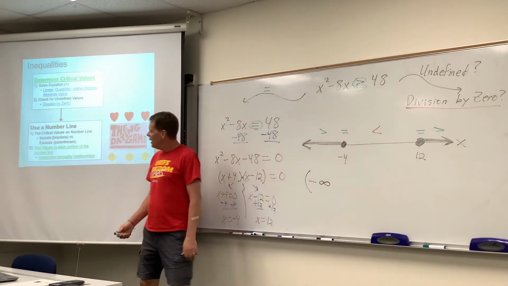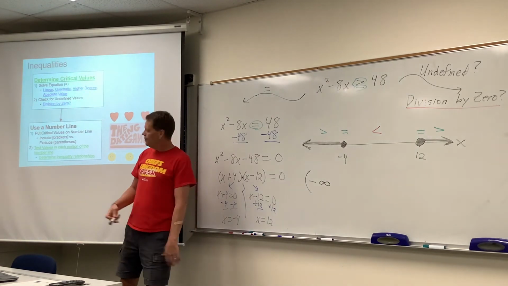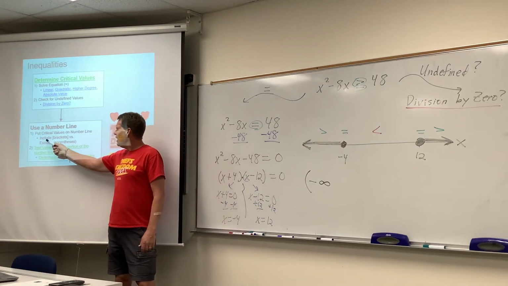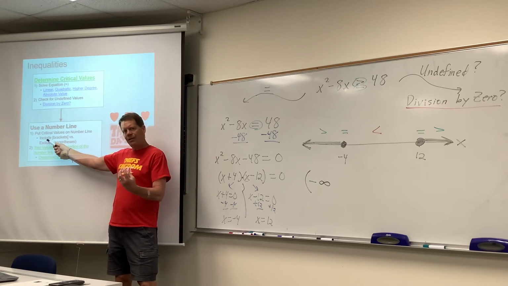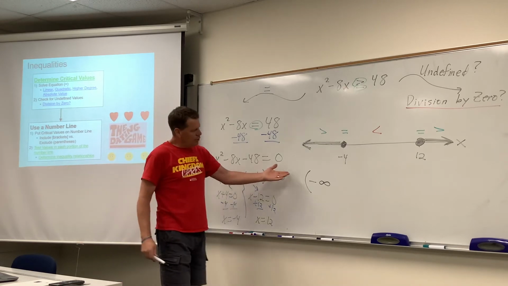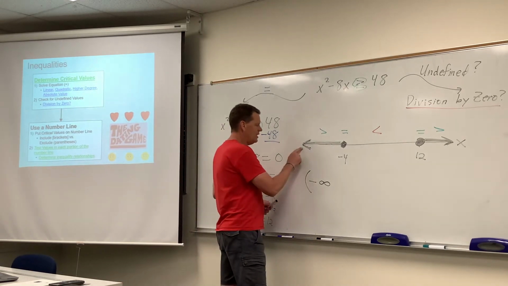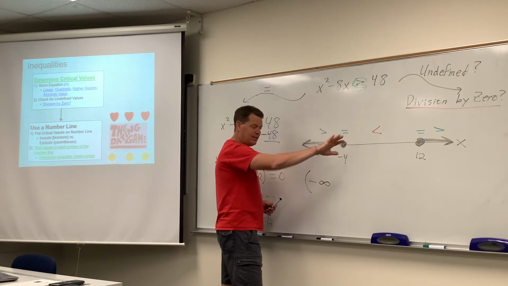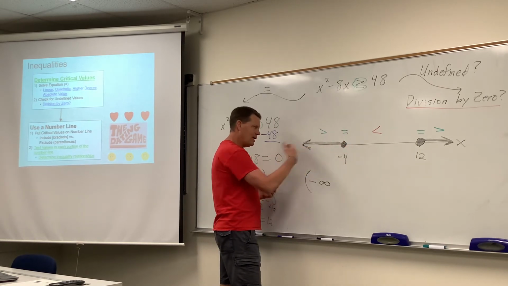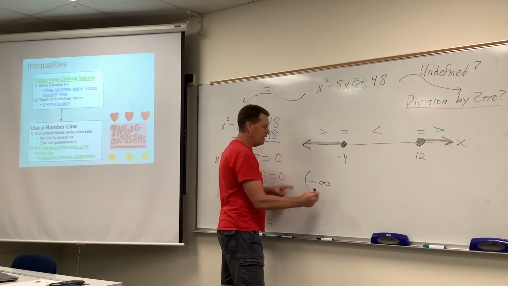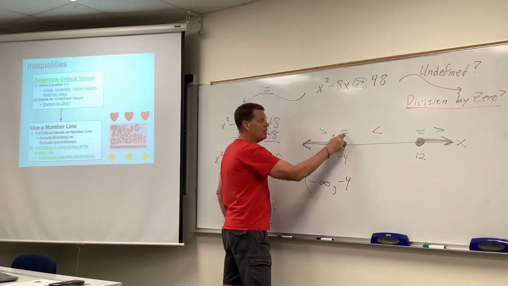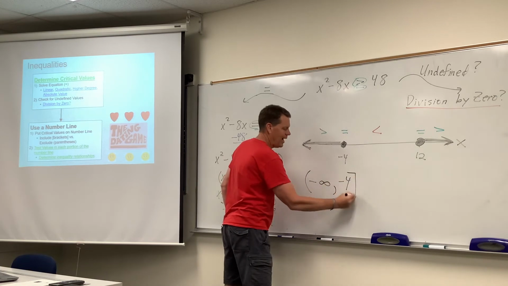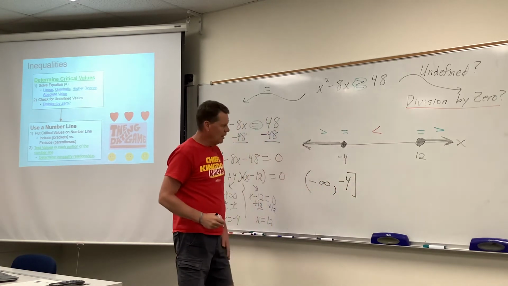The idea being, it's a theoretical discussion, but basically it's impossible to equal infinity, and equal is a bracket, so if you can't equal infinity, by default, you're going to have the exclude on it. So parenthesis negative infinity, and this is always written left to right, read it like a book. Let's see, negative infinity to -4, and then that's included because equal was in the question, so we'll put a bracket there. All right, that looks good.